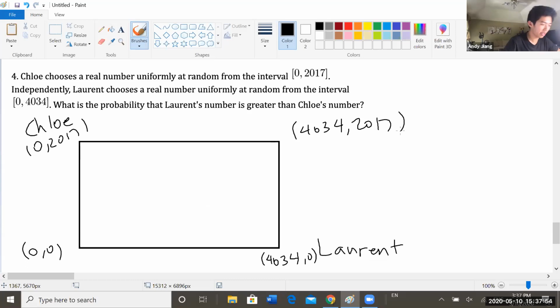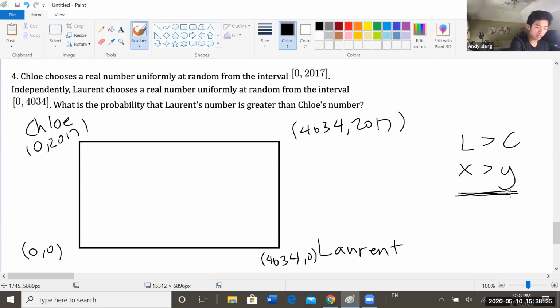Now, how do I represent Lauren choosing a bigger number than Chloe? Well, again, Lauren is represented by X. So I can just basically say Lauren is X. And then Chloe is represented by the Y coordinate. So I'll just say that's Y. So I'm looking for all the points where X is bigger than Y. And remember, we're actually on a coordinate plane, and I can actually graph this line.